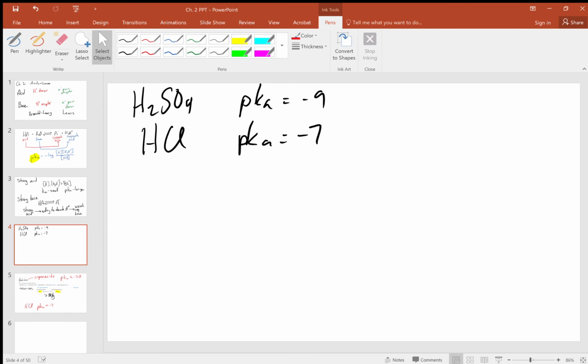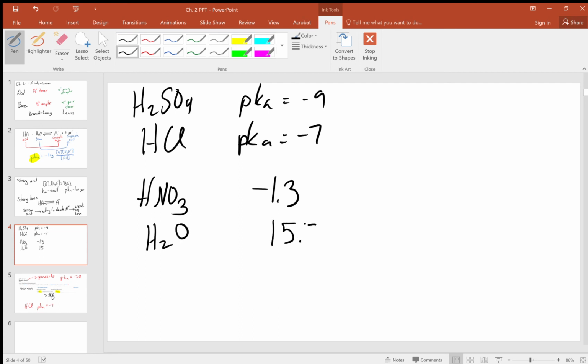So these are some examples of strong acids. Nitric acid might be something that we think of as a little bit weaker, pKa of 1.3. But we can also use this scale to measure pKa's of things that we wouldn't think of as acids, such as water, pKa of about 15.7.